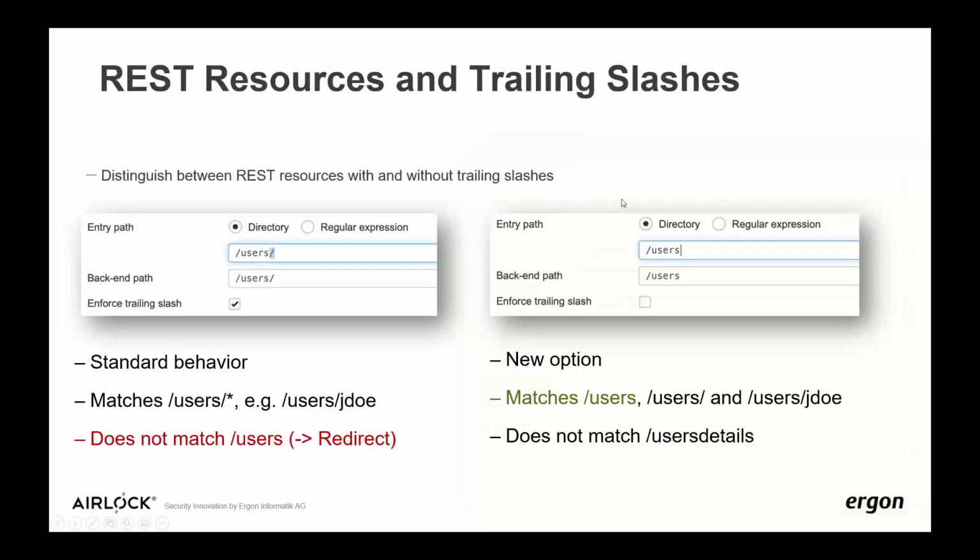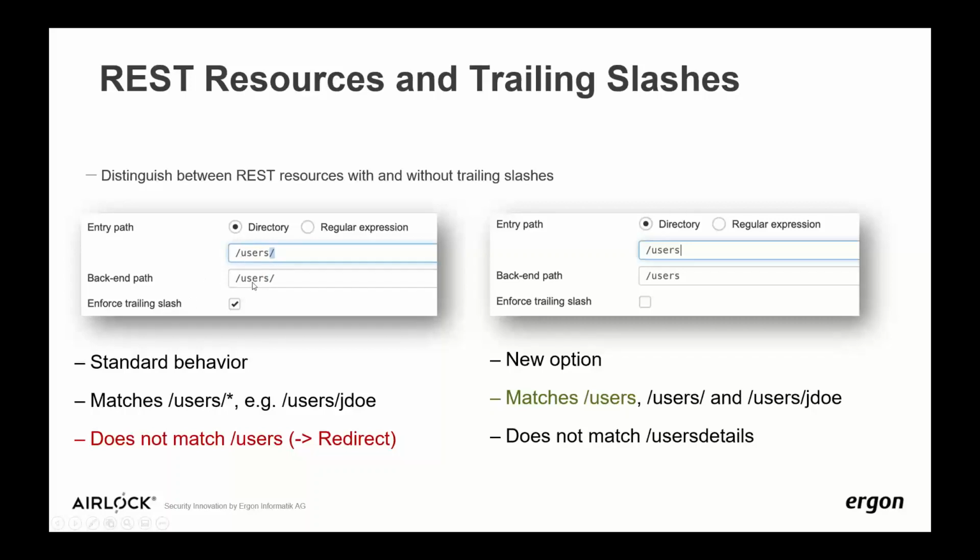Then another small change, which helps with REST resources and trailing slashes. The problem with REST is that a resource usually doesn't have a trailing slash, and the behavior of the gateway up to now was that it always expected a trailing slash with the call, and therefore if the trailing slash was missing, it would redirect to the according path. So this is standard behavior on the left side, where let's say you have a path called /users/.